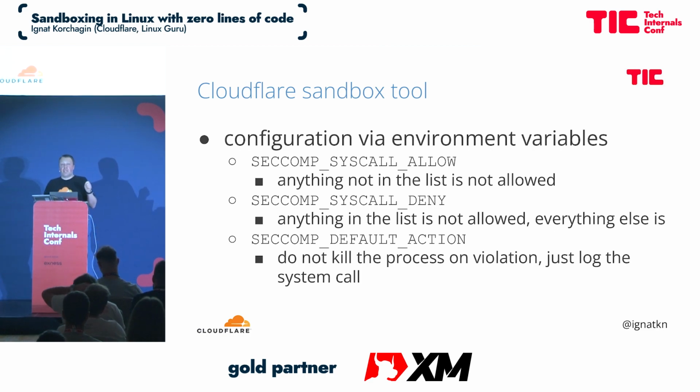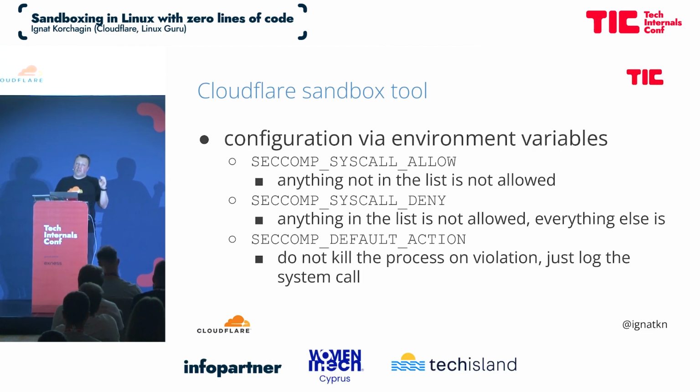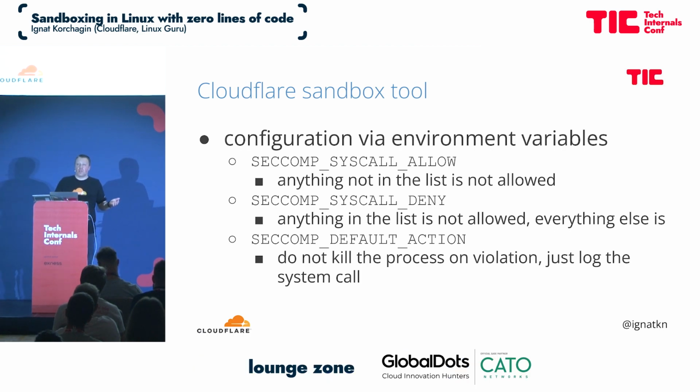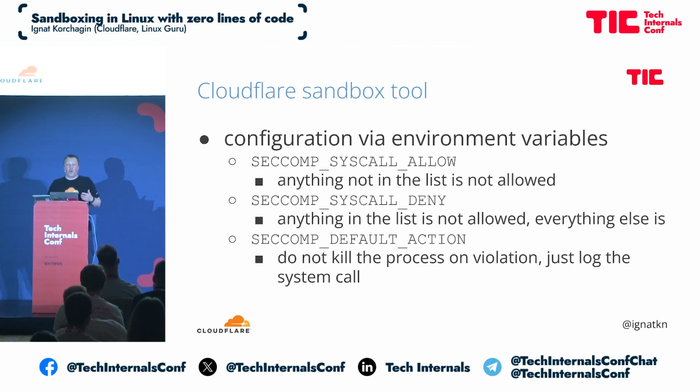The kernel will check the allow list or deny list you provided, but any violations will not cause the application to be killed; instead the violation is just logged. So it's useful for a discovery phase. You can run your application for some time under the so-called permissive mode, where you just log all the system calls it uses, then adjust your allow and deny lists, and then enforce it by removing this environment variable.